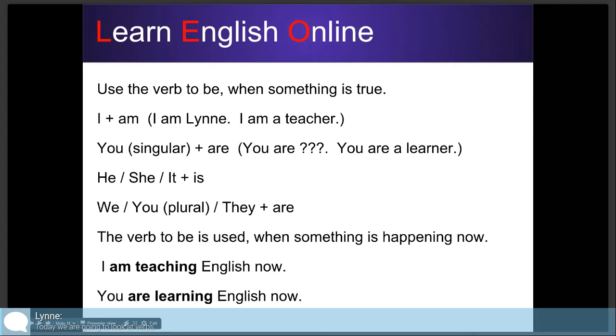You don't need that verb now. Don't need it. You can use it, but you don't need it. Okay? I'm teaching English. That says enough. It says now. Okay? Because I've said I am teaching. What am I teaching? English. When am I teaching it? Now. Okay?